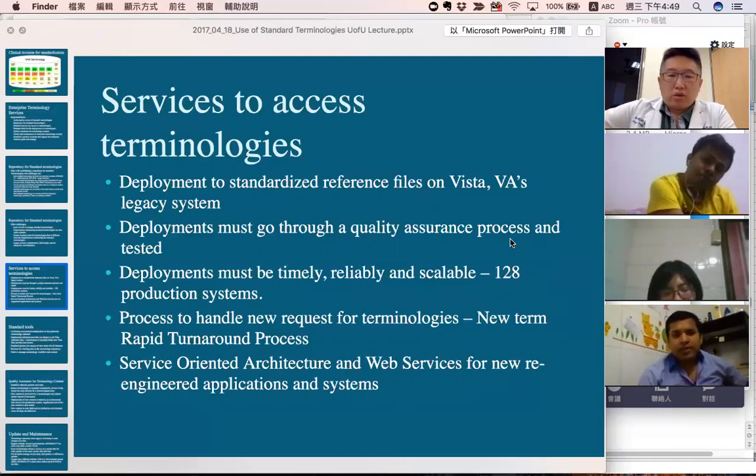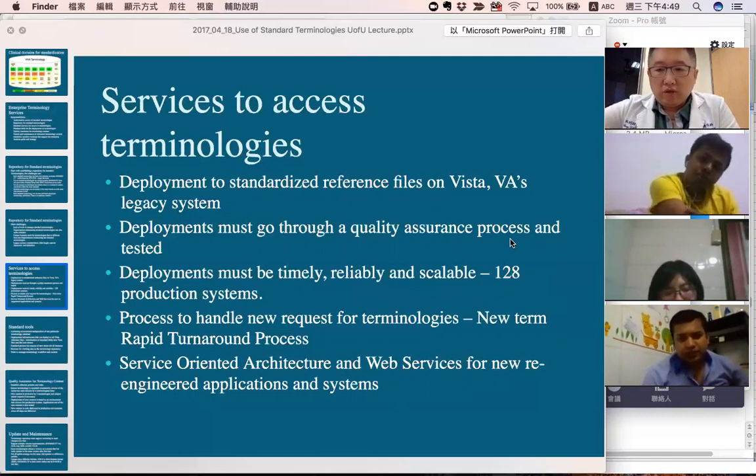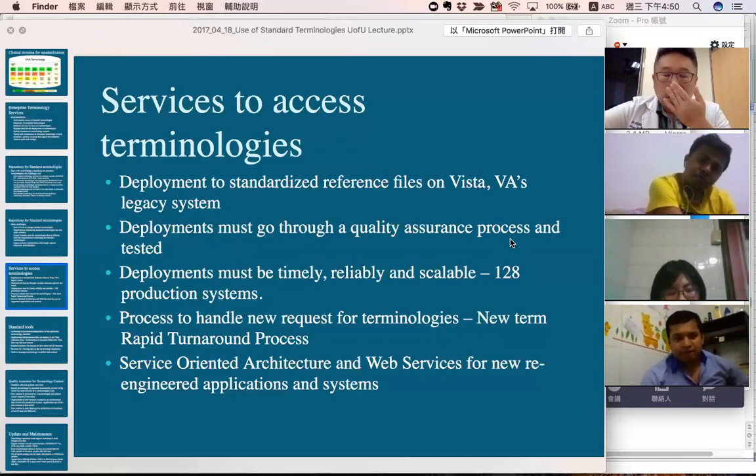Because they just launched their nursing information system, they provide a quality assurance process. They try to evaluate the usability of their current nursing information system and give feedback to the IT office. So the quality assurance process is something I always try to do.